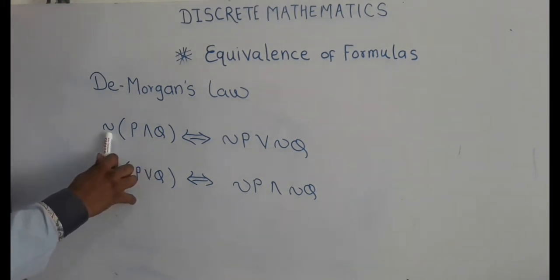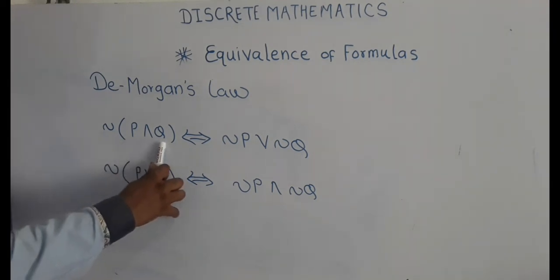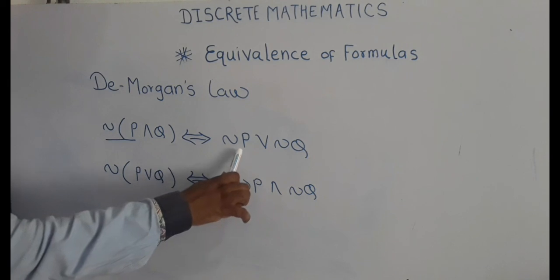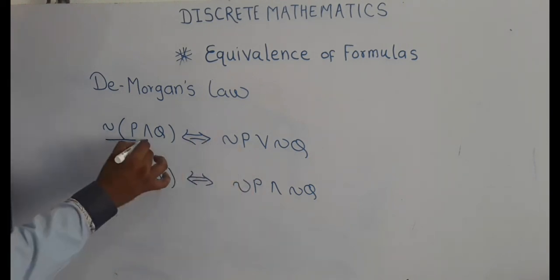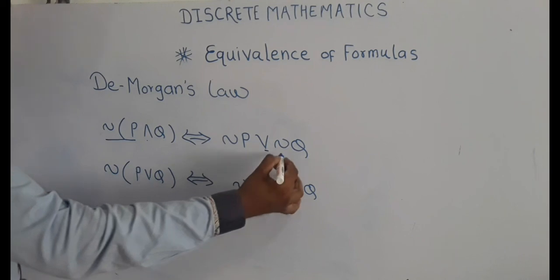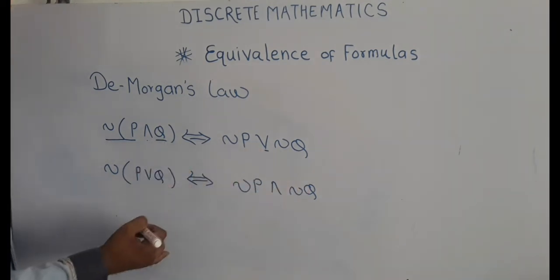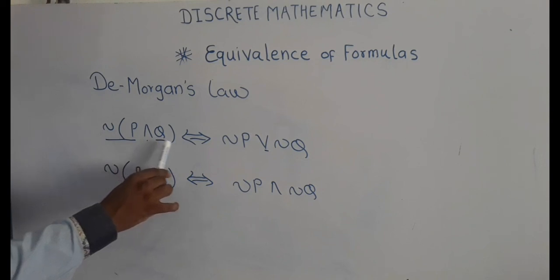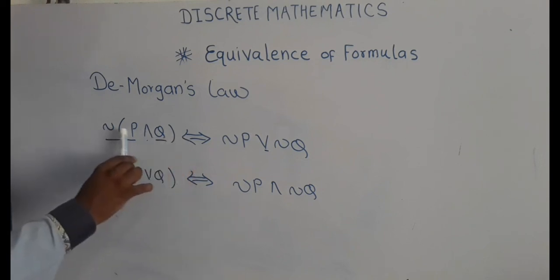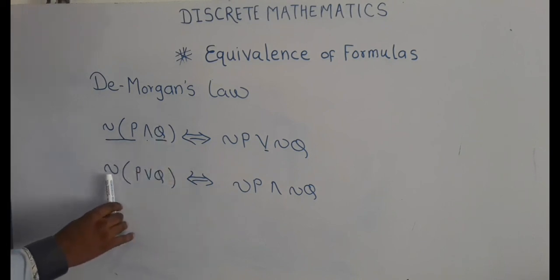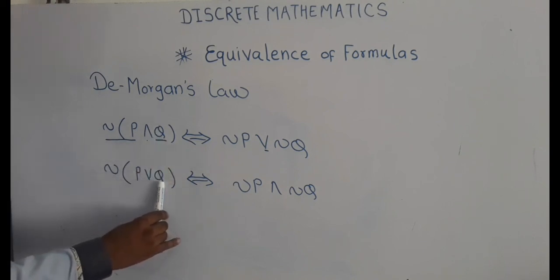If we have the term not in bracket P and Q, then it is logically equivalent to not P, this AND becomes OR, and not Q. That is, not of P and Q is logically equivalent to not P or not Q.